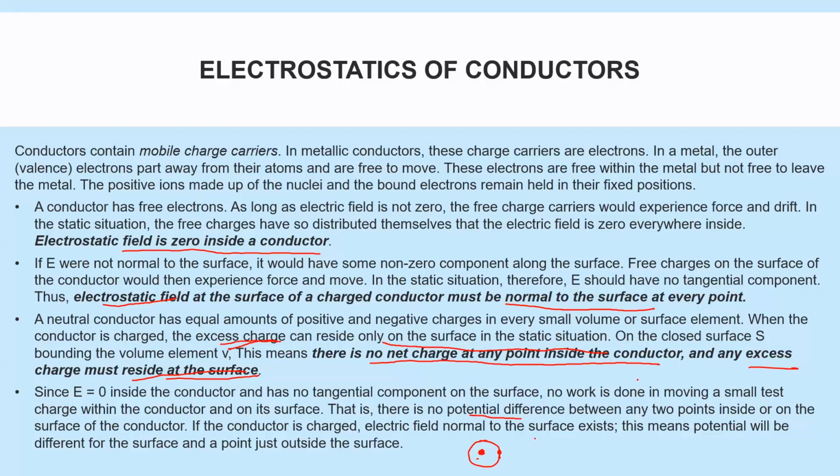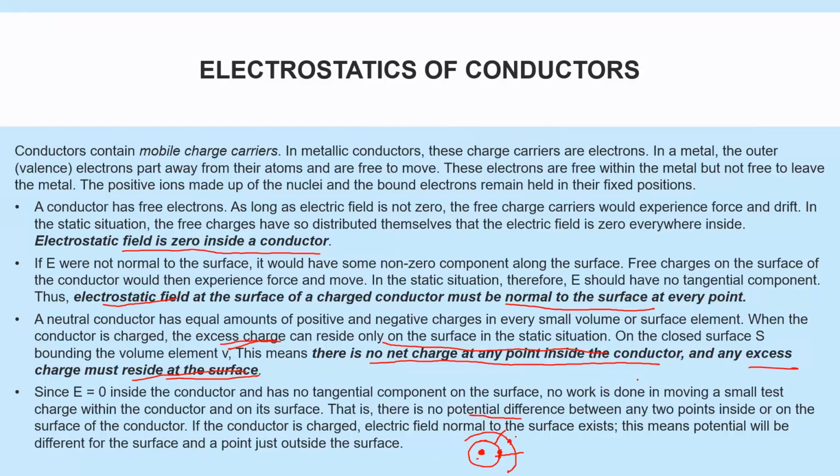So this means that if the conductor is charged, an electric field normal to the surface is going to exist. The potential will be different for the surface and a point outside the surface. So the potential over here on the surface is going to be different from any point that is, suppose, on an equipotential surface over here, and this is a point.